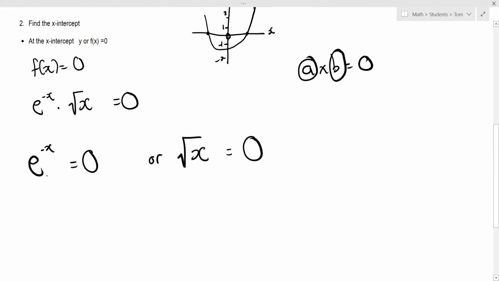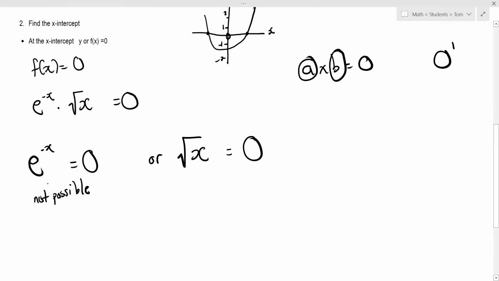Now, an exponential function can never be equal to 0, unless the base itself is equal to 0, where you have, let's say, 0 to the power of 1 or 2. But generally, a non-zero exponential function cannot give you a 0. So we can cross this out, because it is not mathematically possible.